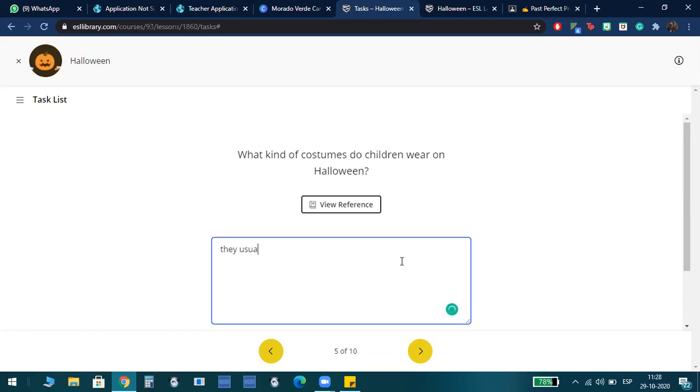They usually wear, it says, store-bought costumes of their favorite cartoon character, film stars, and pirates, monsters. Stuff like that. Yeah.